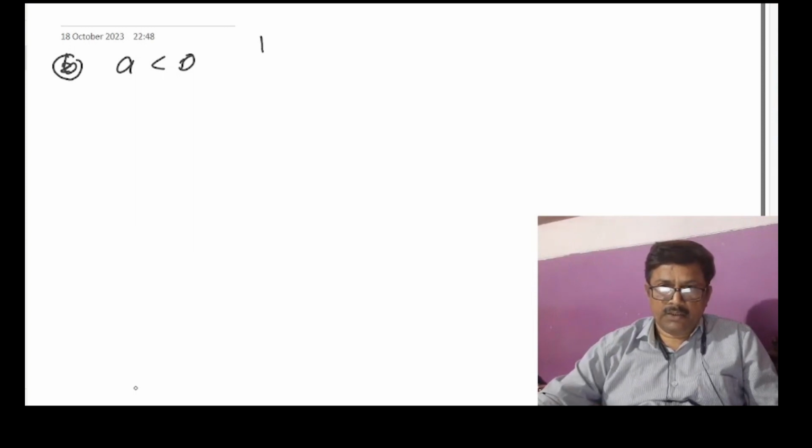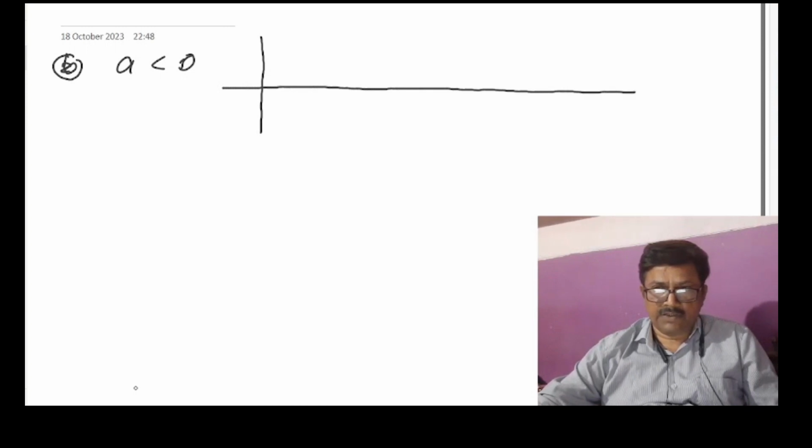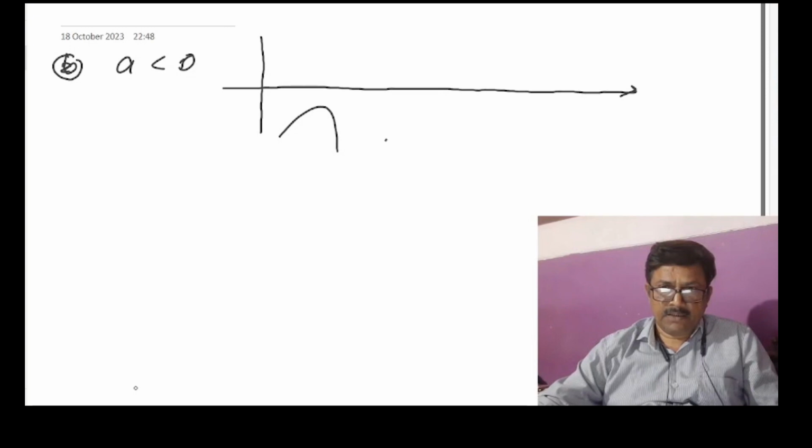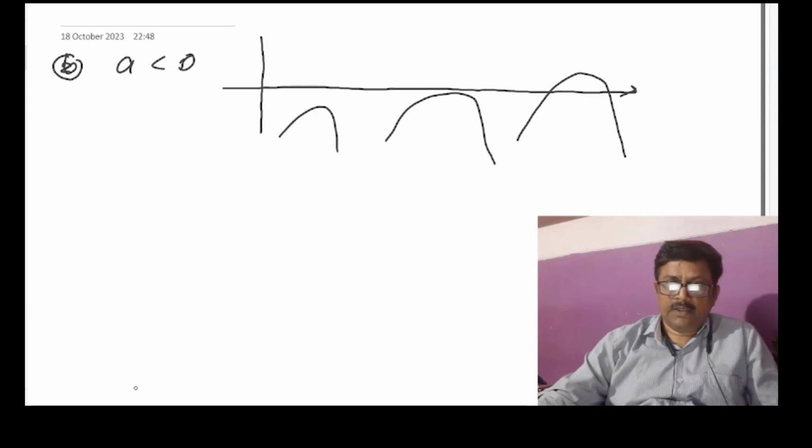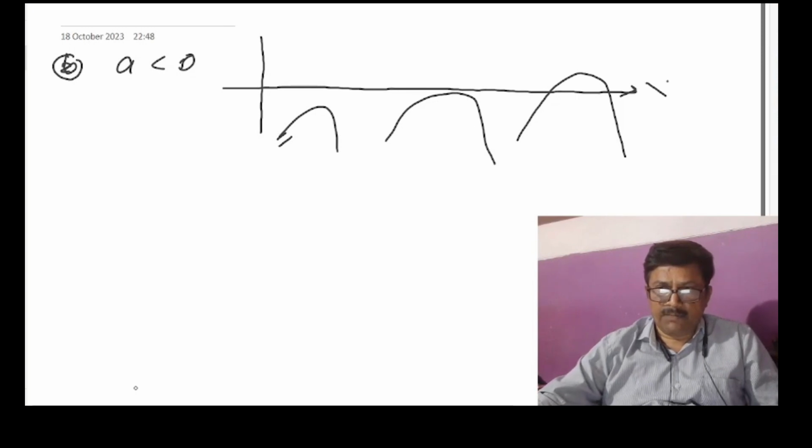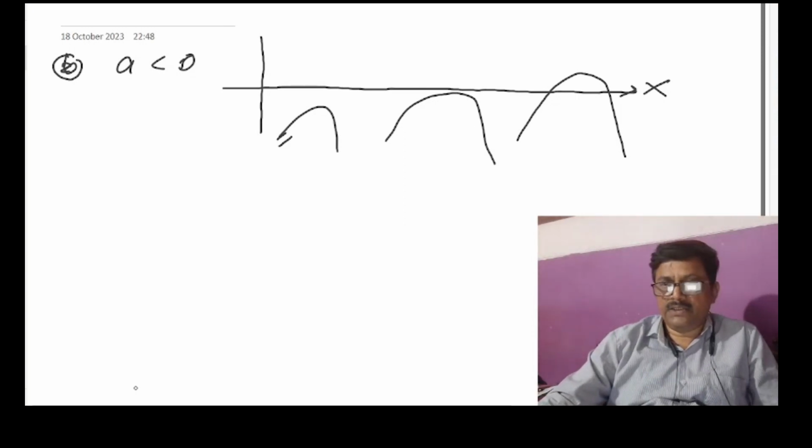So the graph of this quadratic may be like this, or like this one, or like this one. The graph may not cut the x-axis, may cut the x-axis at one point, may cut the x-axis at 2 points, but the opening will be downward because a is negative.